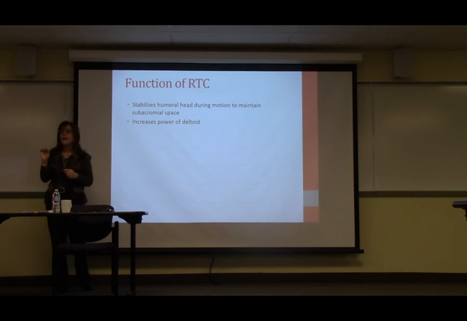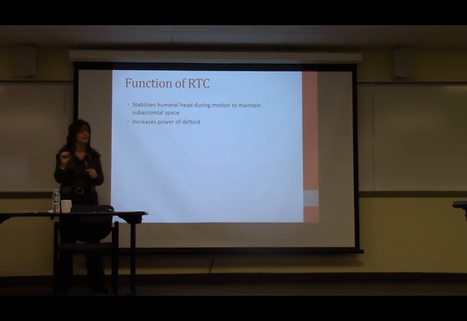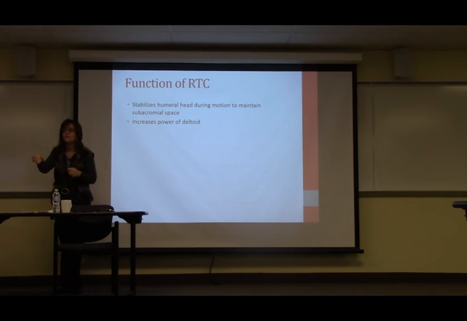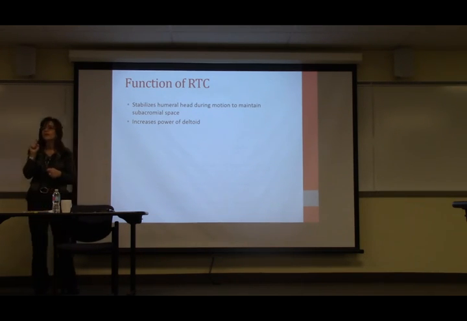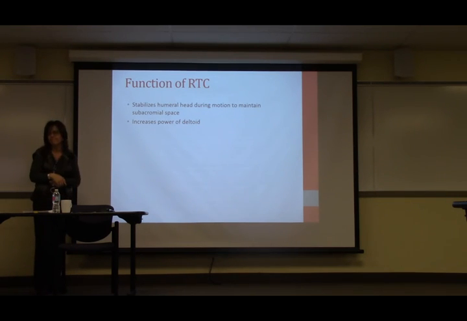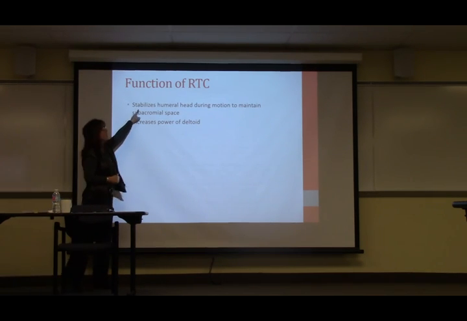So, if someone comes with a diagnosis of impingement syndrome or rotator cuff pathology, what is the first thing you would think I would want them to avoid? Not external rotation. I don't want them doing overhead movement 100 times a day, because they're not stable.